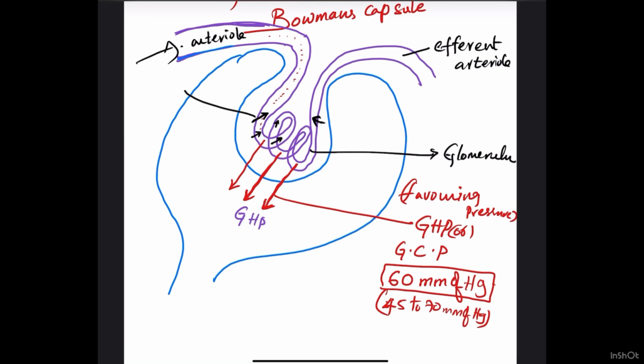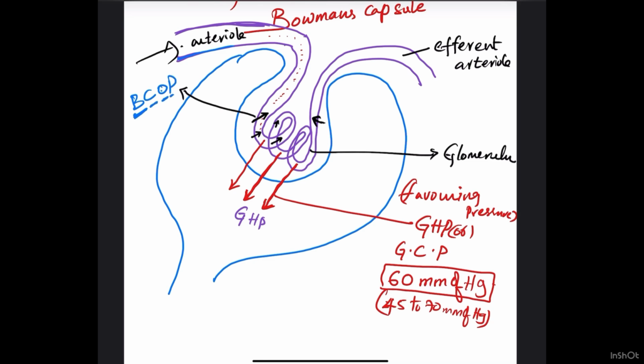So this pressure is called BCOP, that means blood colloidal osmotic pressure.